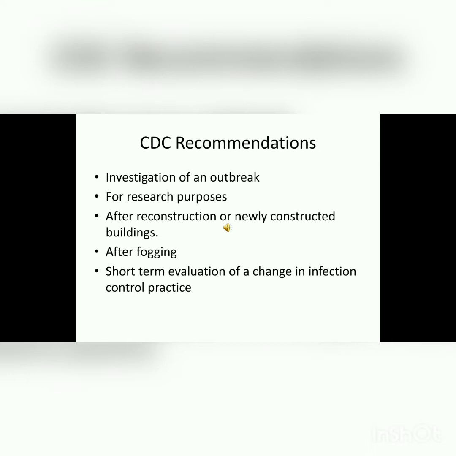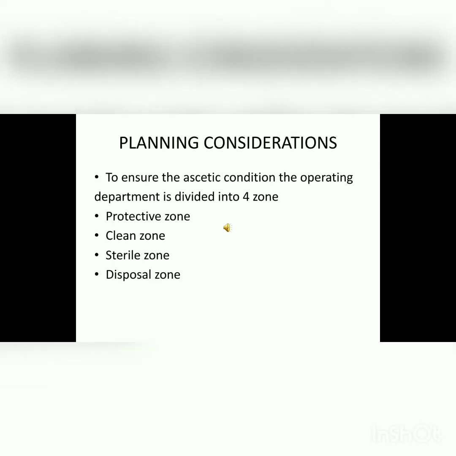These are the factors in which we can do our quality control, and based upon the planning, we can divide the hospitals into four zones: protective zone, clean zone, sterile zone, and disposal zone.